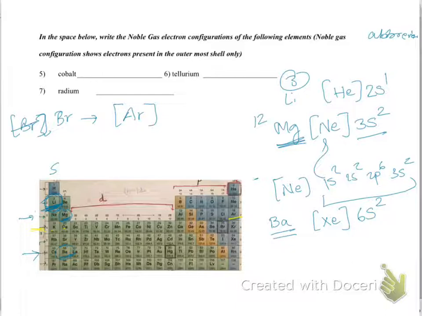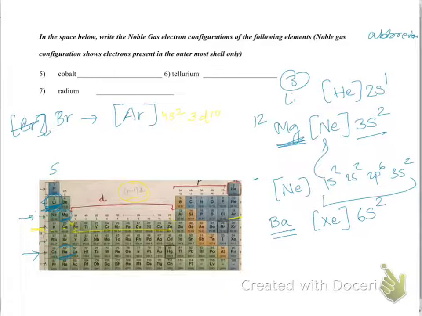So argon, 4s2. Now these are D. When you enter the D block, you put one less row number. If it is the fourth row, then it will be one less row number for D. 3d, how many are there? 10. 1, 2, 3, 4, 5, 6, 7, 8, 9, 10.